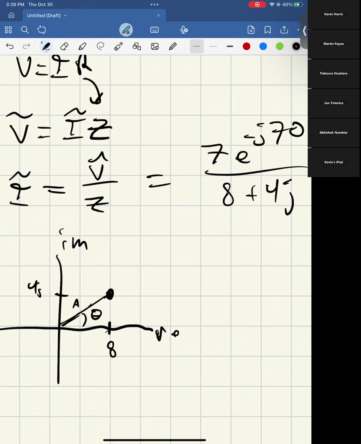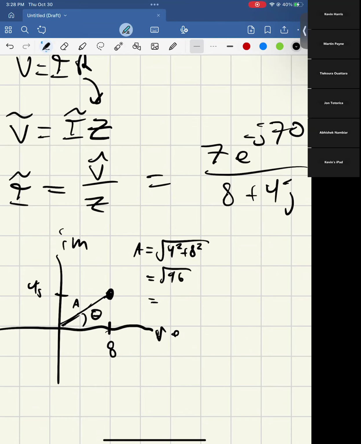The way you can do that is I like to think, okay, we have a right triangle here. So you just do the Pythagorean theorem. A is going to be equal to the square root of 4 squared plus 8 squared, which is the square root of 96, which is something.